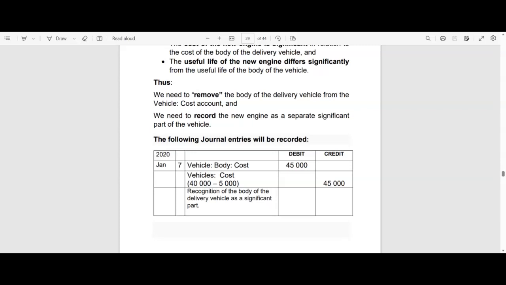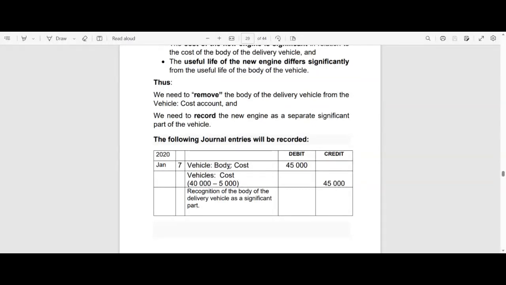So what we now need to do is create a new ledger account that is going to describe the body of the car and the engine of the car separately.